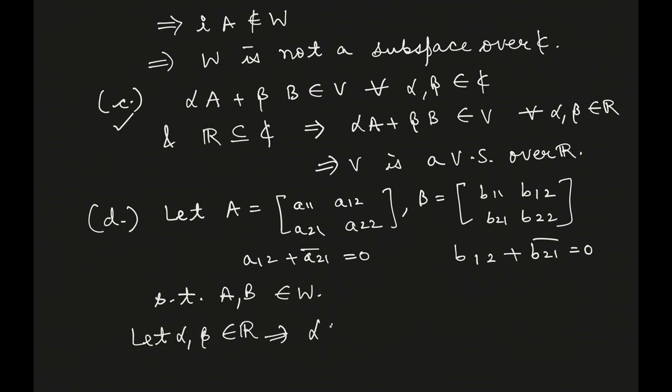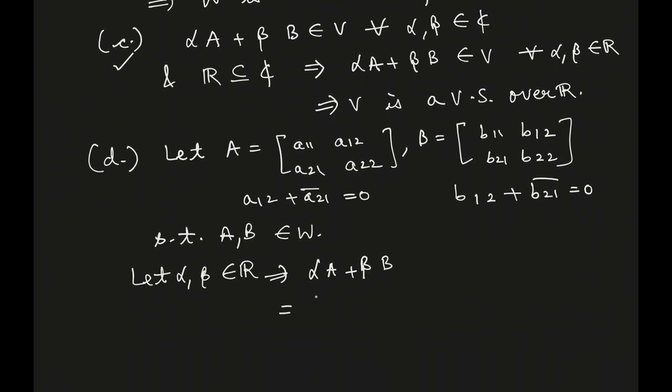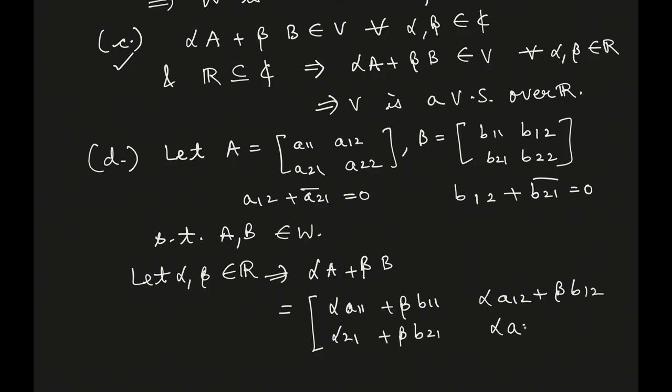This implies alpha A plus beta B will be alpha A11 plus beta B11, alpha A12 plus beta B12, alpha A21 plus beta B21, alpha A22 plus beta B22.